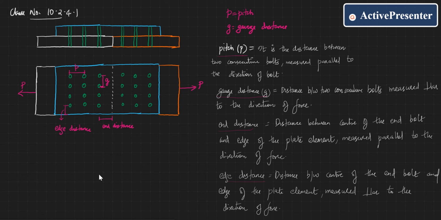For understanding this, I will tell an easy method. You can club gauge and edge together, and always gauge is perpendicular to the direction of the force. Similarly, edge is also perpendicular to the direction of the force. So pitch and end will be together, gauge and edge will be together.